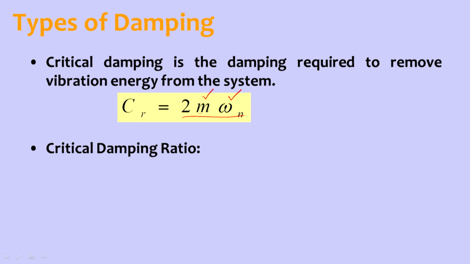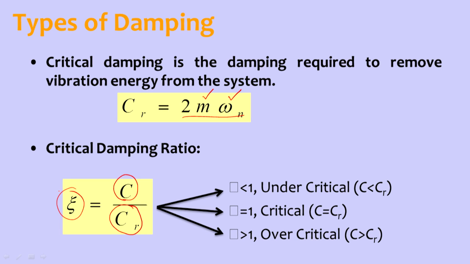Now, for the critical damping ratio we use the term zeta. This is the damping present in the structure compared to the critical damping, which is the damping required to remove vibrating energy completely from the structure. So, this ratio is called critical damping ratio zeta. Zeta values can be less than 1, equal to 1, or more than 1.